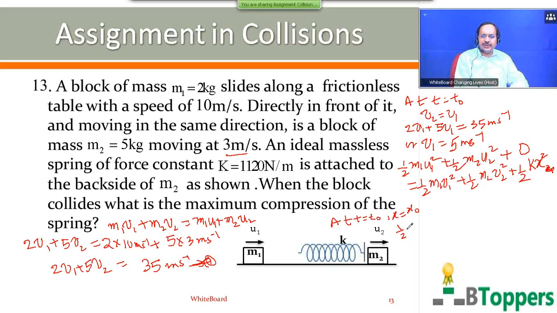One by 2 is commonly present in all the terms on both sides of the equation, so that can be cancelled. So m1 equal to 2 kg into u1 square, means 10 meter per second whole square.